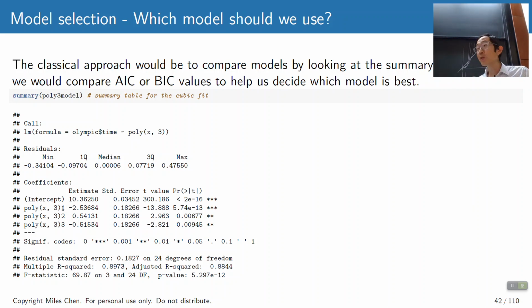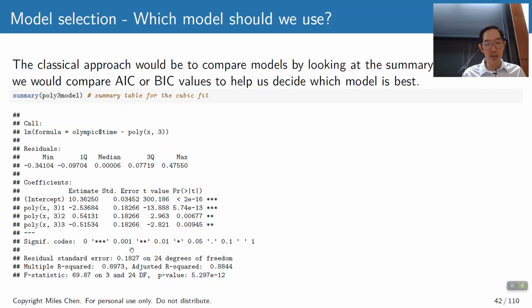This is the coefficient for the first term, the linear component. This is for the quadratic component. This is for the cubic component. And then we would say, all right, what are the p-values associated with these things? And all of our p-values here are significant. And we go, okay, well, maybe all three of these things are important.